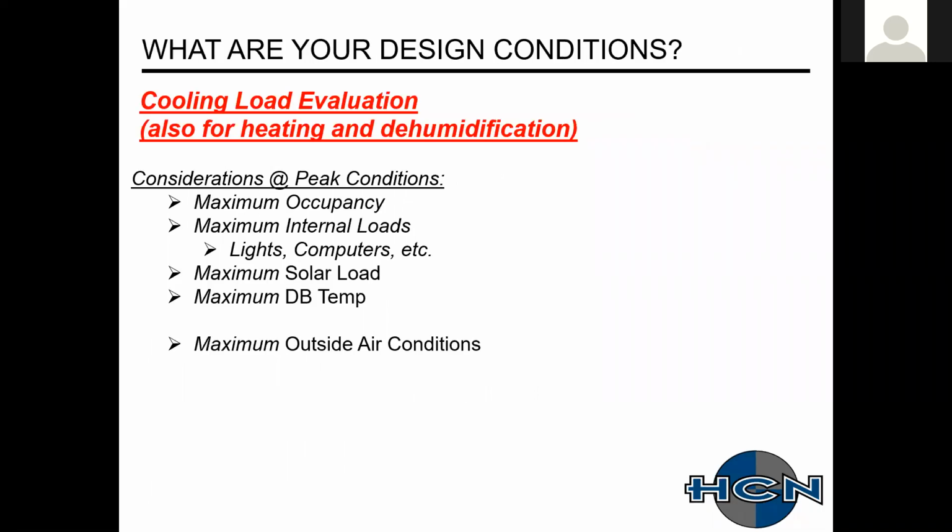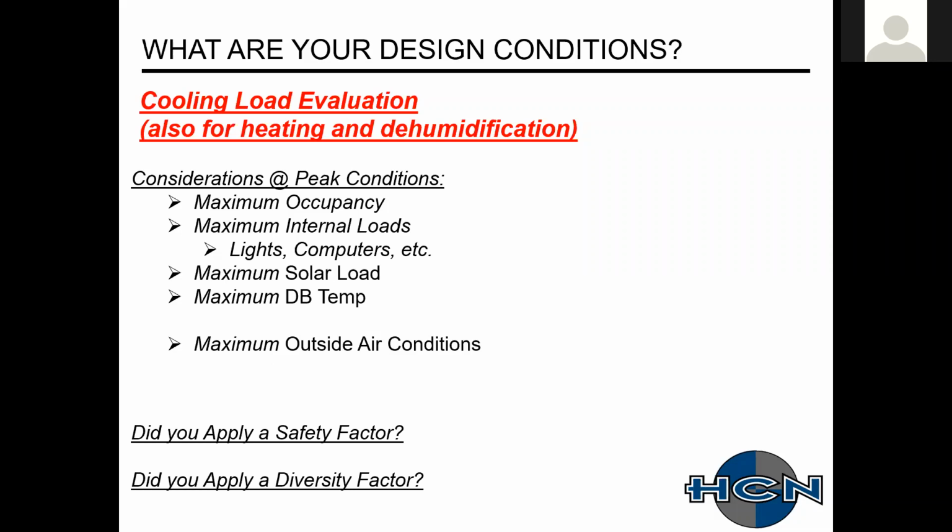All right. So when you do a cooling load evaluation, you also have to obviously perform this for your heating and dehumidification loads. Some considerations at your peak conditions: once again, you're looking at maximum occupancy along with maximum internal loads, your maximum solar load, as well as your maximum dry bulb temperature. Some other things to consider: did you apply a safety factor?